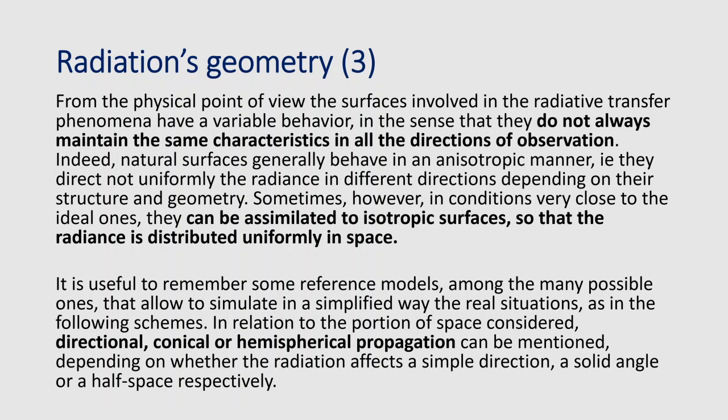It is useful to remember some reference models among the many possible ones that allow to simulate in a simplified way the real situations, as in the following schemes. In relation to the portion of space considered, directional, conical or hemispherical propagation can be mentioned, depending on whether the radiation affects a simple direction, a solid angle, or half space, respectively.